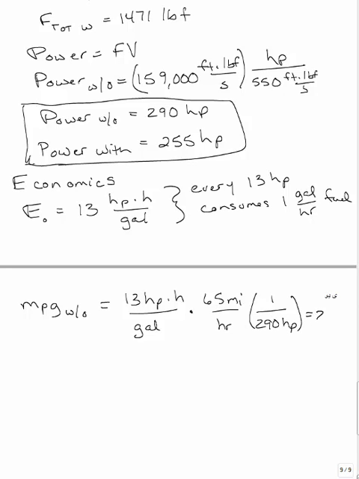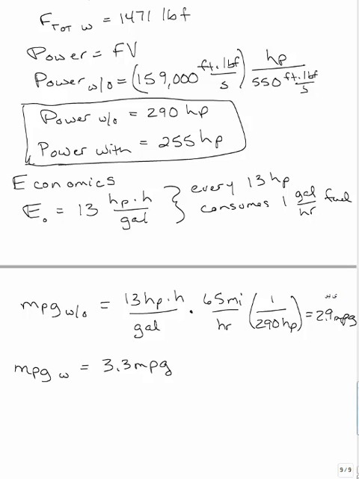Okay, comes out to be 2.9 miles per gallon. If you put the fairing on, your miles per gallon with comes out to be 3.3 miles per gallon. Okay, terrible, really terrible, but still, that doesn't look like that much difference.